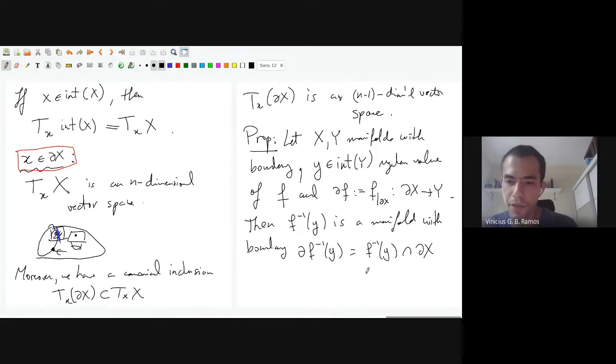Okay, so this is, of course, the same thing as the preimage of the function restricted to the boundary of x. Okay, so maybe I should put parentheses like this. Okay. This is obvious. The real, non-obvious part is this part here. Okay, so any questions about this statement?